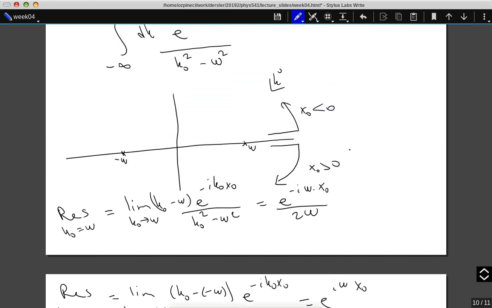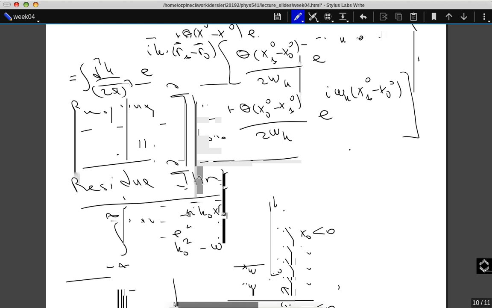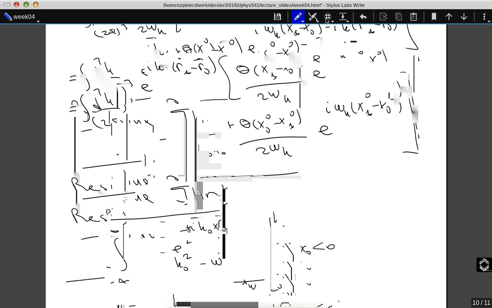Well, let's go back to the integral that I'm interested in. This is the result I'm interested in.